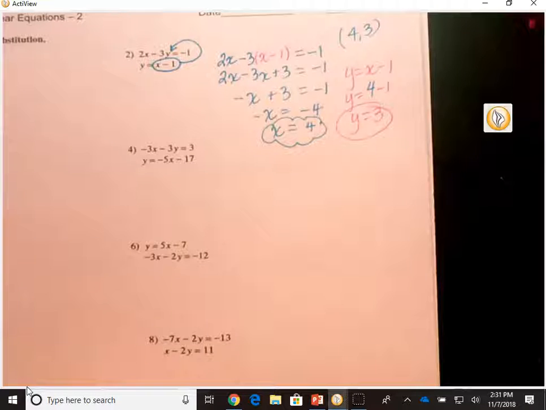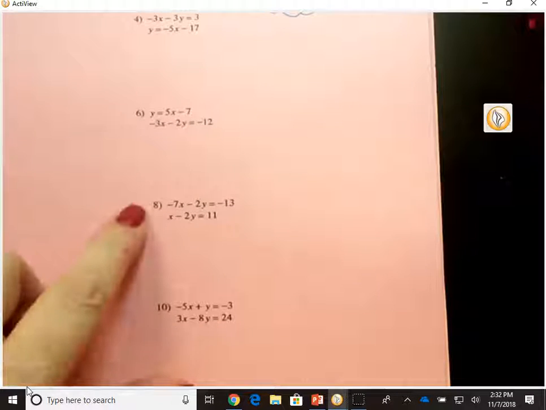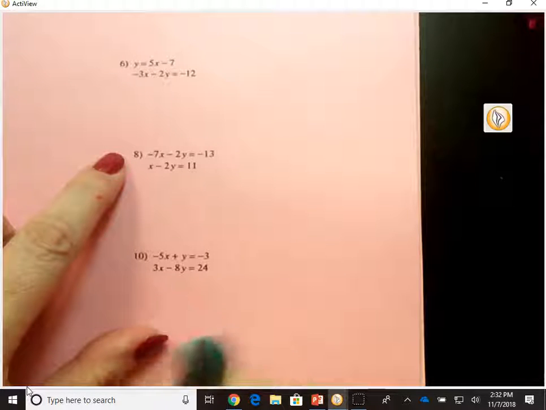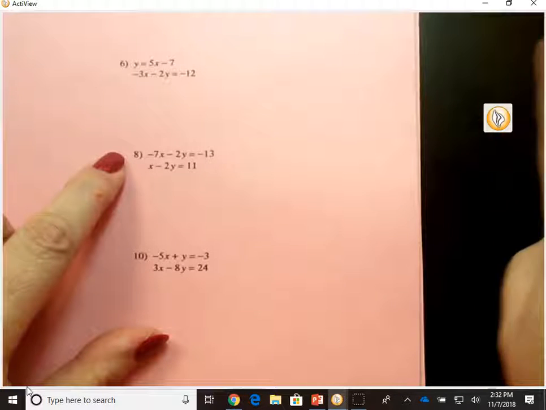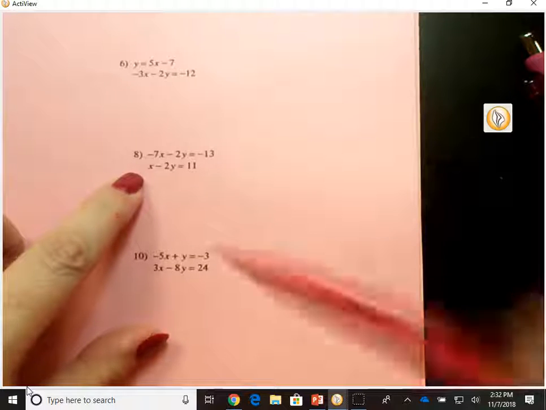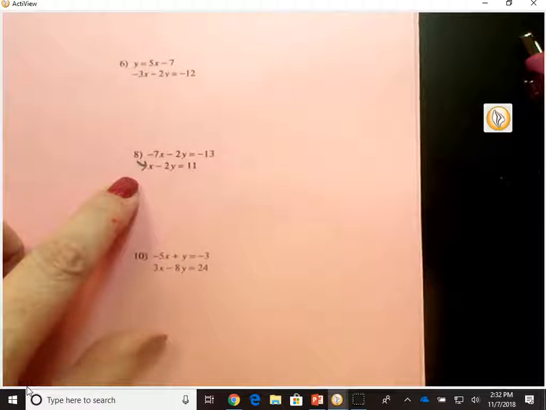Now, the other situation could occur in questions like number 8. If you look at number 8, do you know what x equals or what y equals? And the answer to that is no. So now what you have to do is decide which equation is going to be easier to maneuver. I think the second equation is going to be easiest to maneuver because there's one variable that doesn't have a coefficient.